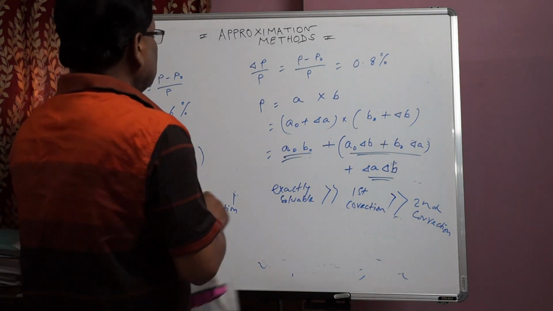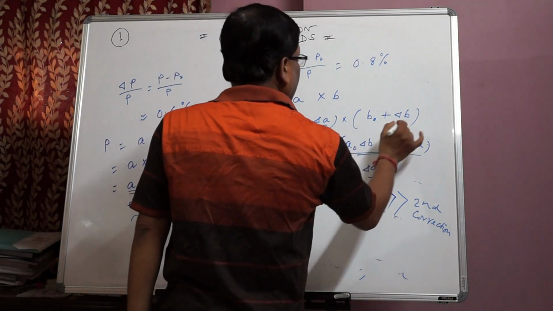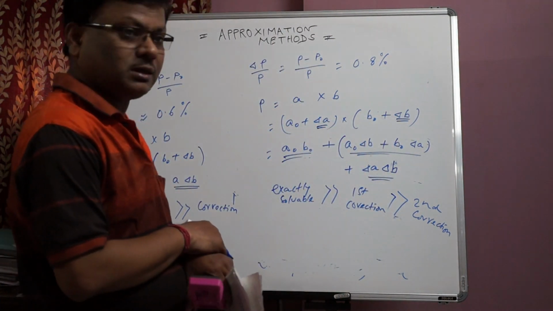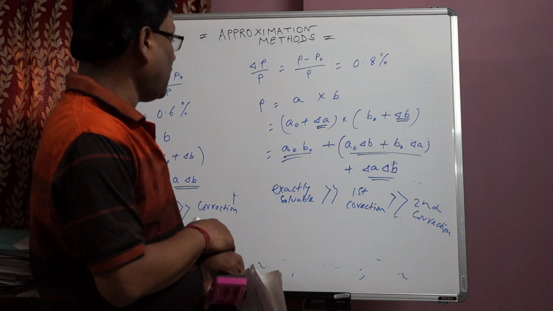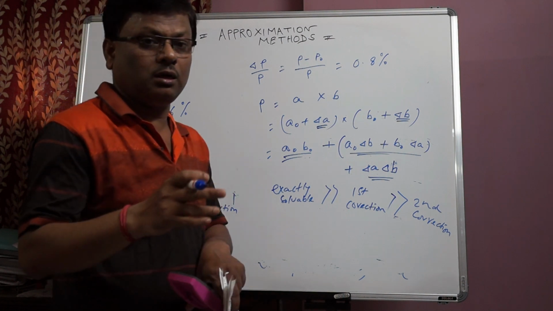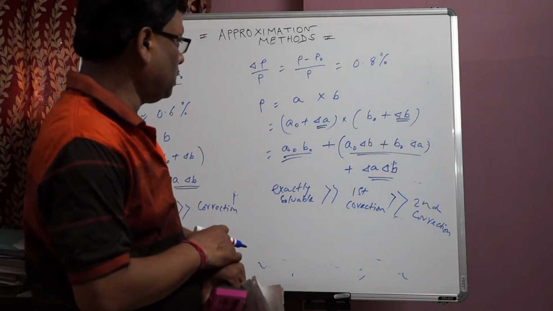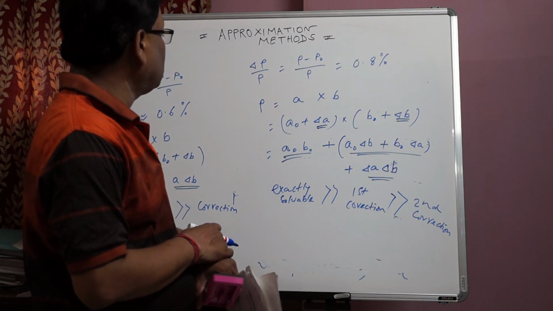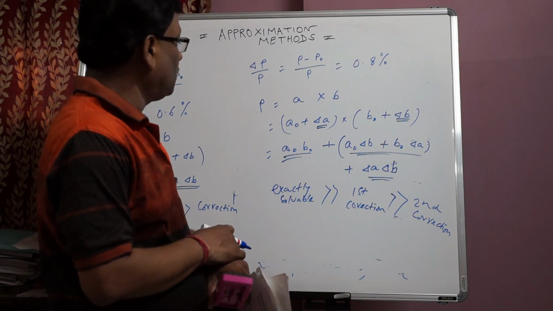Okay, so this part, del A and del B, we may call a disturbance in the price or in the weight of the fish. So del A, del B can be called disturbance.